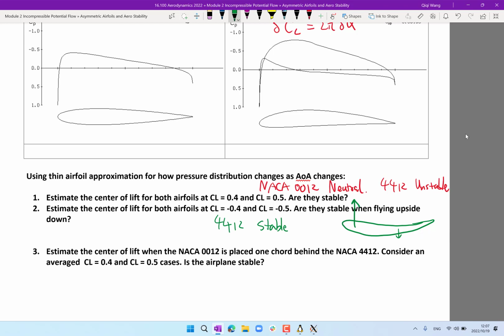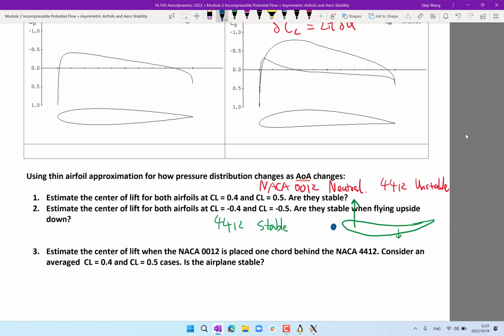For this bigger force with a smaller arm to cancel the moment of this smaller force but with a longer arm. So the center of lift for this kind of pressure distribution is going to be over here, before the leading edge. So that's a perfectly reasonable center of lift. Right, make sense?